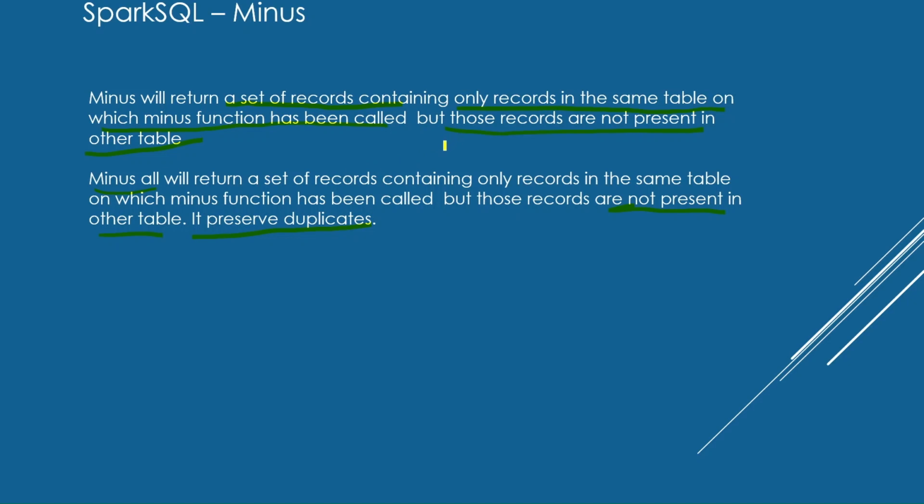How will it behave? In minus, if a record is present in the target table, it will not be visible in the resulting collection of records. But in minus all, since there are two duplicate records in the source table, 1 record will be visible. I will show you when I do the practical exercise how this minus function behaves and what it means that it also preserves duplicates.